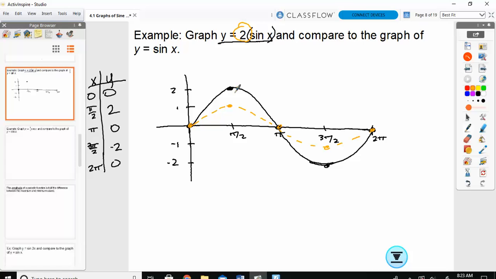But once I put this 2 out in front, my highest point is 2 and my lowest point is negative 2. If you think back to transformations in algebra, a number out in front is stretching and shrinking your graph, so it's like taking all your y's times 2. It just made it get taller. So if I put a 3 sine of x, what do you think the high point would be? 3, and the low would be negative 3. Okay.